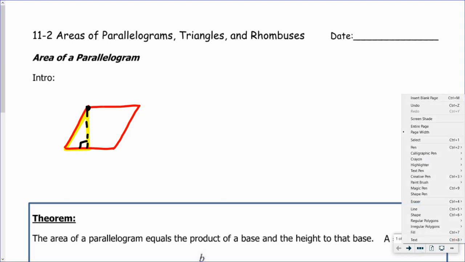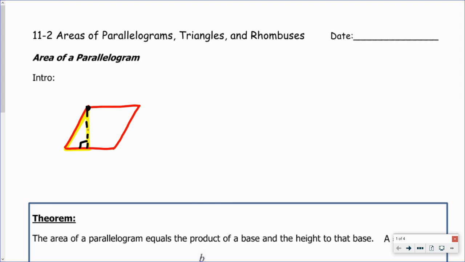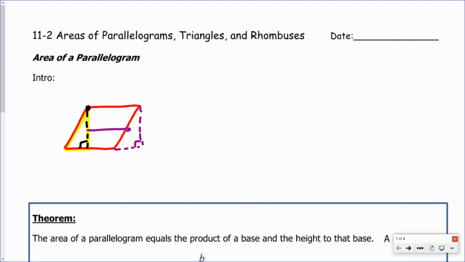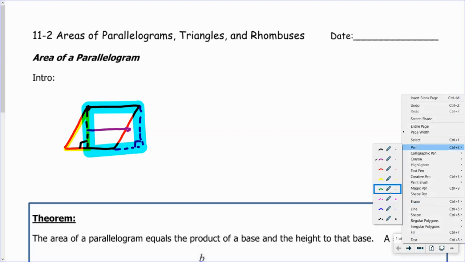The cool thing is that we can then shift this triangle over here. So I'm going to drop that in like this. And that triangle actually fills in the parallelogram perfectly, and what it does is it creates a rectangle.